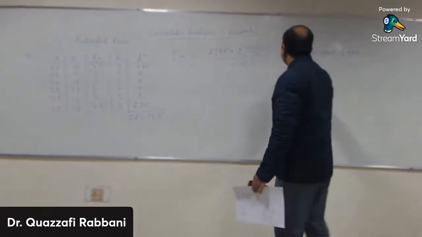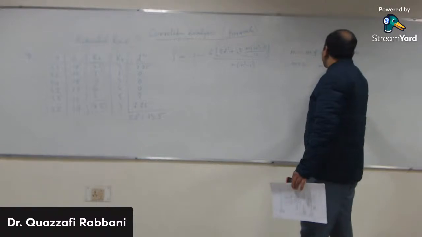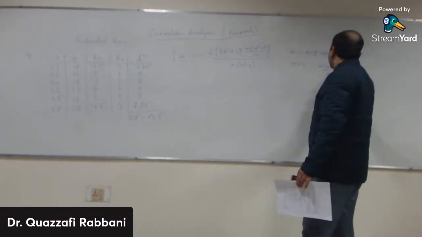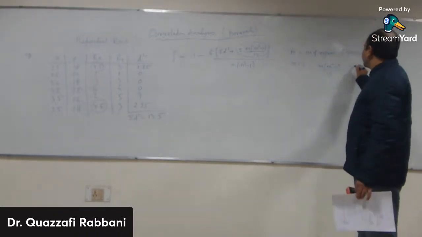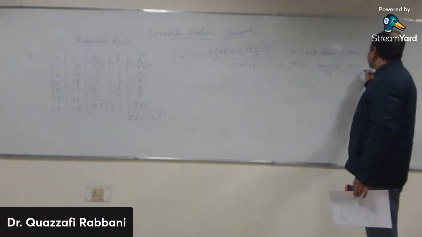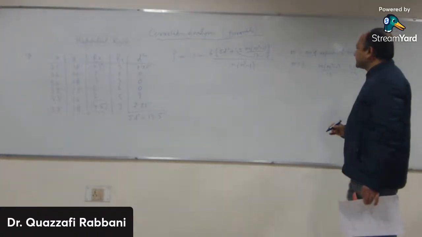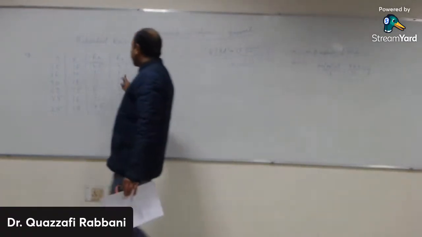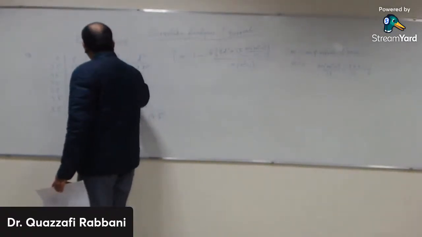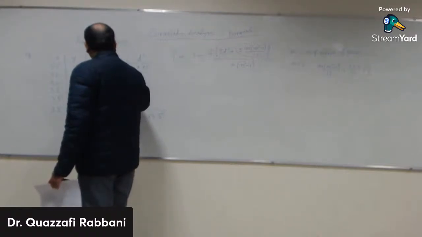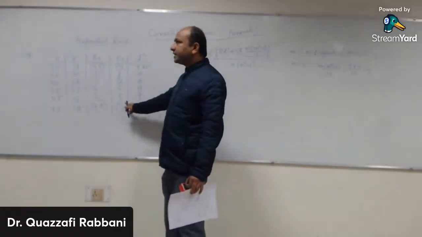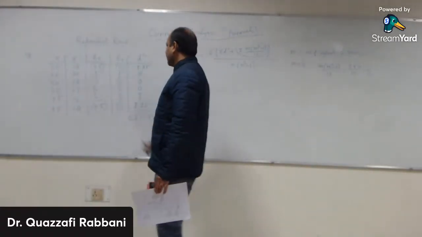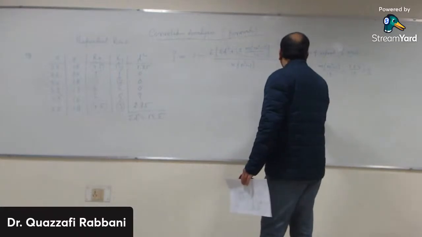So now find m into m square minus 1 upon 12. If m is equal to 2, then this is 2 into 3 divided by 12, and this is 1 by 2. Similarly, here you see 3, 3 and 3. These 3 ranks are repeating, 3 times. So here take m equal to 3.